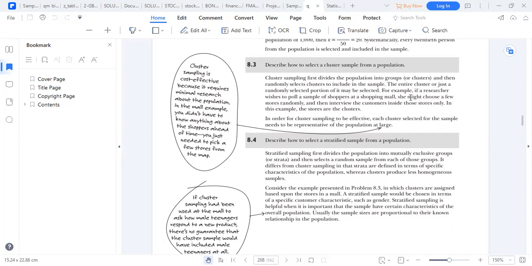So we select a sample from each of these groups because they have different information that they are confined to. So these strata that we collect have less homogeneous samples, less similar samples. So when we're dealing with stratified, you need to understand that there's a thin line between cluster sampling and stratified sampling.